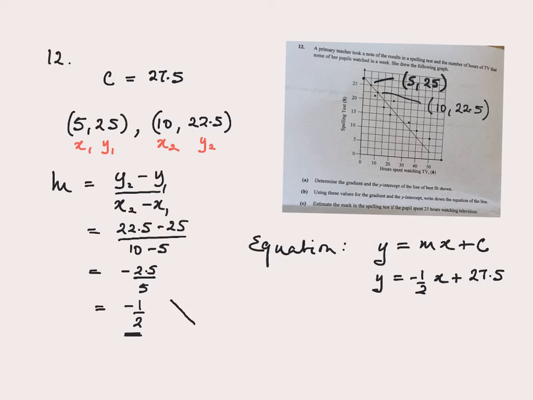The very last thing we have to do is to change the y to s and the x to h. That gets you the final mark for the equation. Be careful about that. So s is minus 1/2 h plus 27.5.